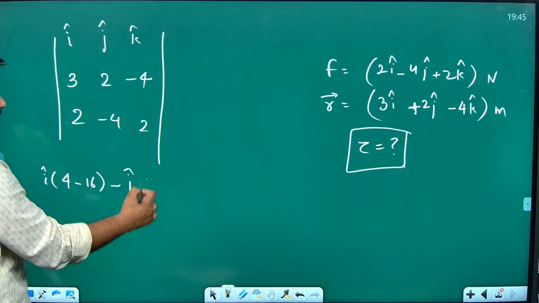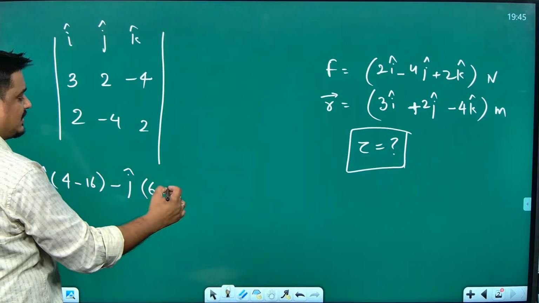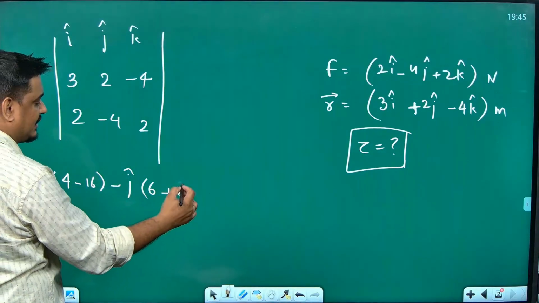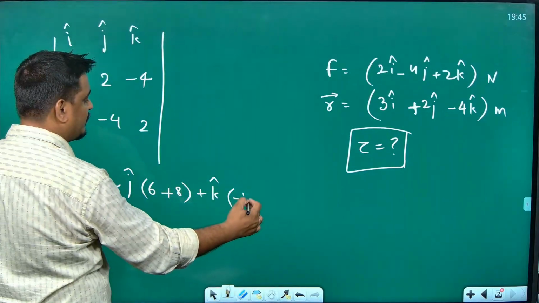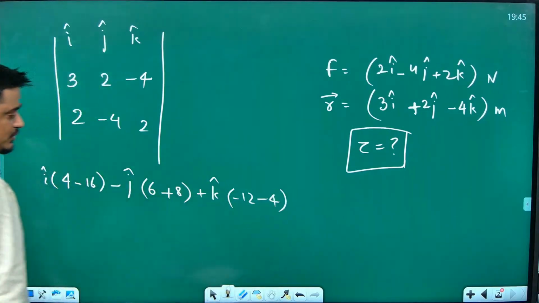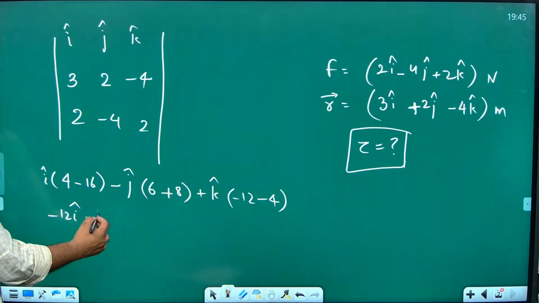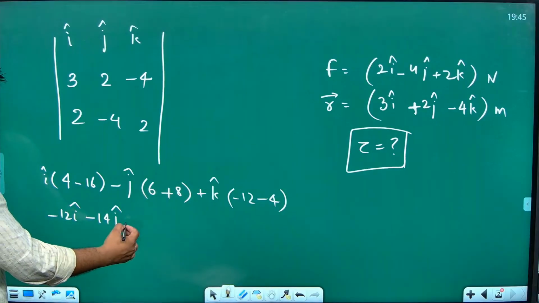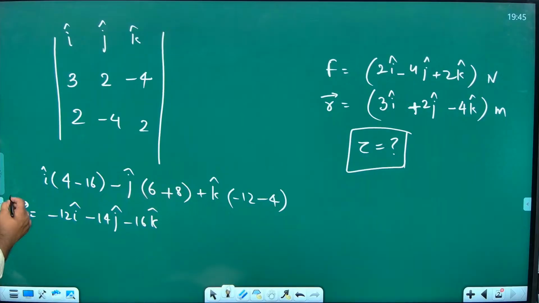Minus j, this minus this, so it will become 6 plus 8, and plus k cap, this minus this, it is minus 12 minus 4. If you solve this, you are going to get minus 12 i cap, minus 14 j cap, minus 16 k cap. Did you get this answer? Anybody? This is the answer actually.